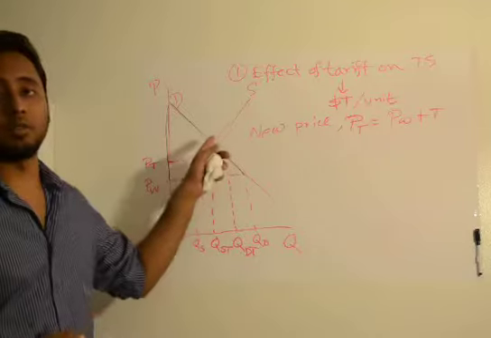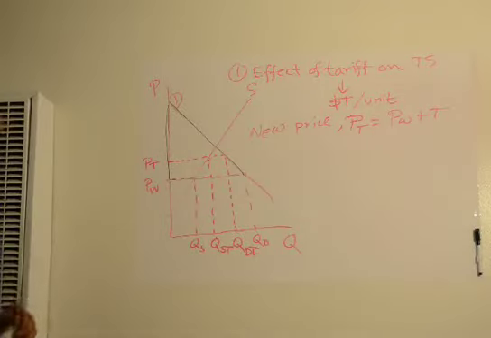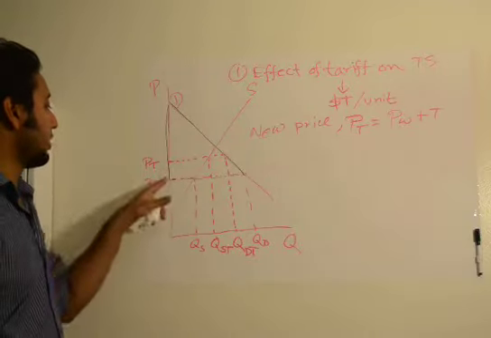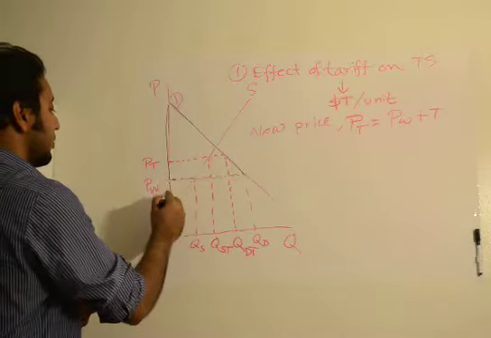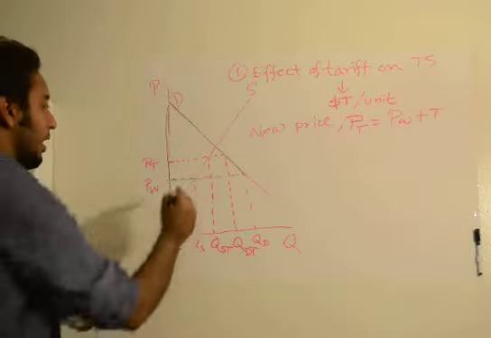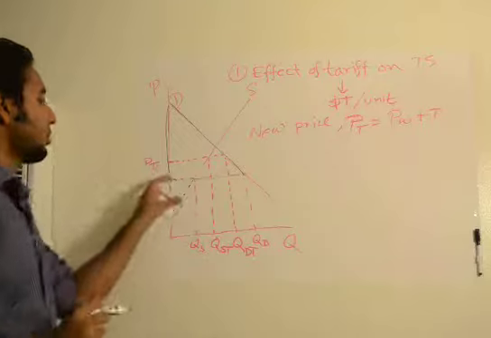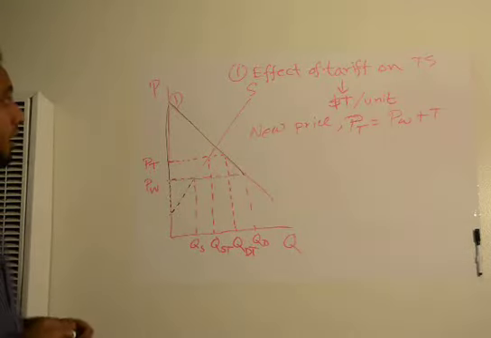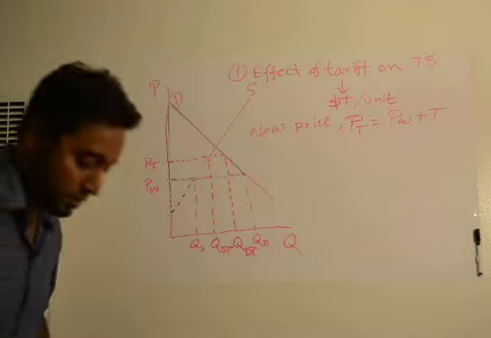Here, this triangle is your consumer surplus. How about the producer surplus? It is the area between the vertical axis, PW, the price line, and the supply curve. So this small triangle was your producer surplus before any tariff was imposed.